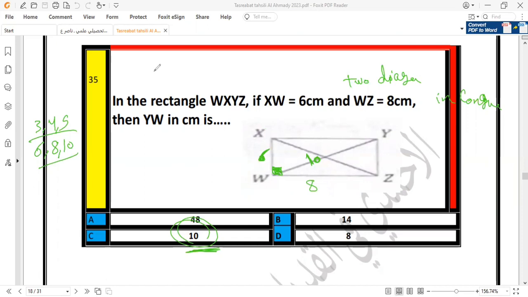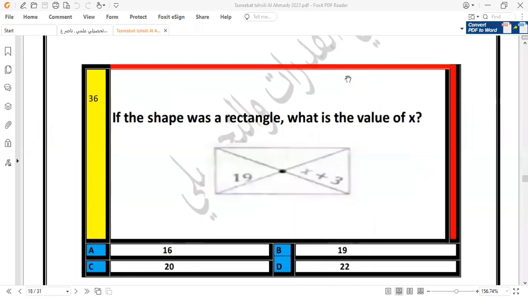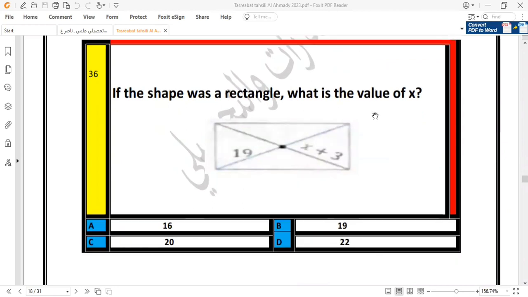The two diagonals are congruent in a square and rectangle, and perpendicular in a square and rhombus. If the shape is a rectangle, the diagonals are congruent and bisect each other. Okay, so here this segment equals this segment equals this equals this.